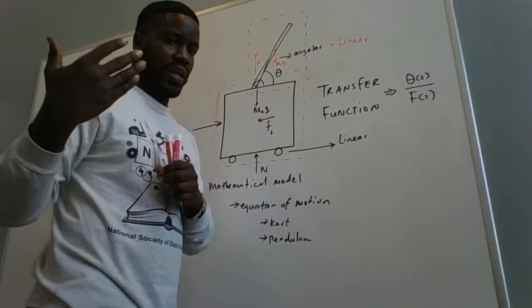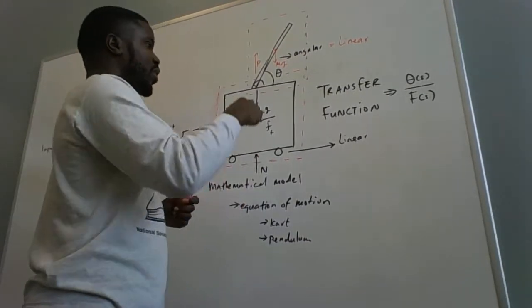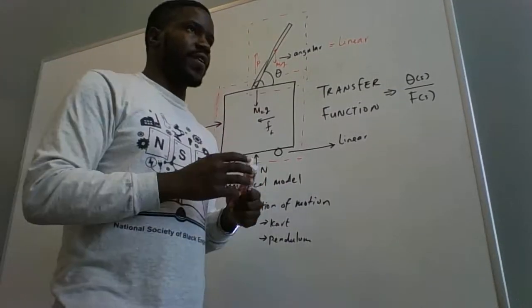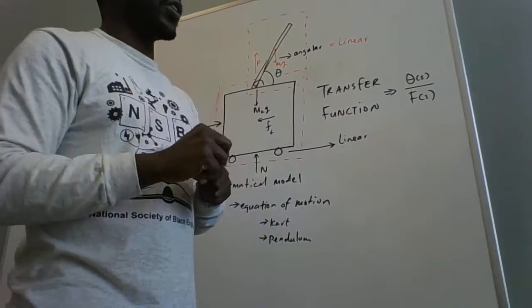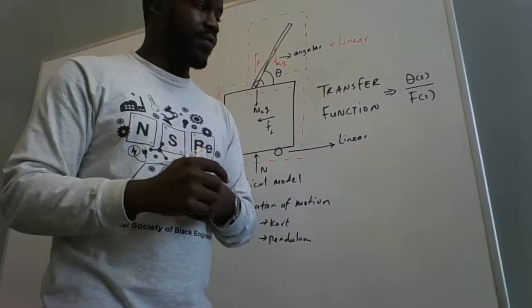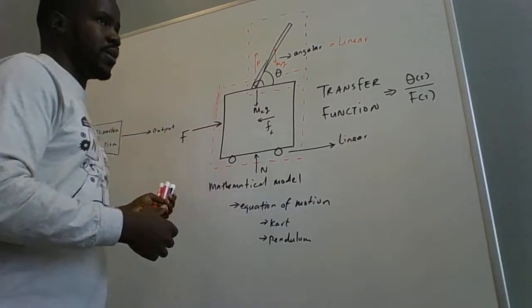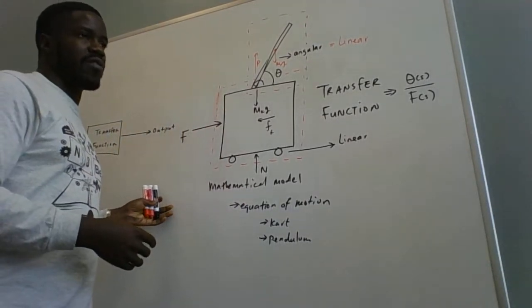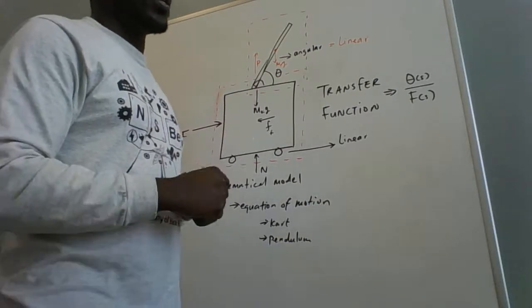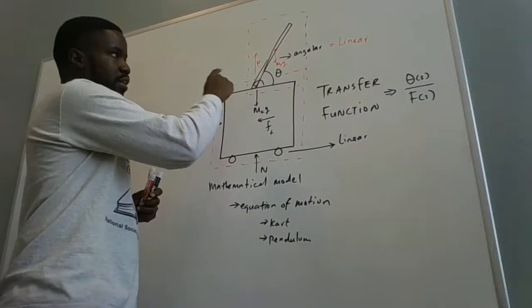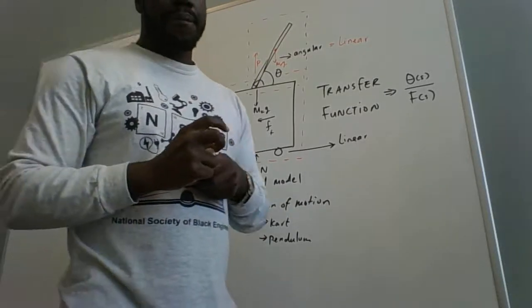Then we can begin to take the Laplace transformation of that equation to get our transfer function. And from that, we can now use the state variables to take our transfer function and put it in state variable form, which will produce the matrices that are necessary for MATLAB and other application software to be able to run simulations and give us some insight on how this force is affecting the pendulum. Thank you very much.